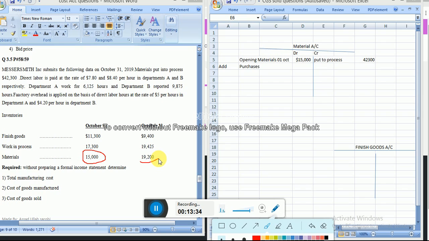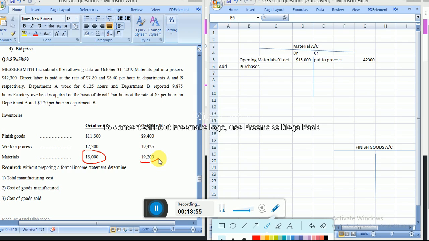These material will be used in the upcoming month. So what we will do, from this current month we will subtract it, we will minus these materials. Why? These material will be used in the upcoming month.